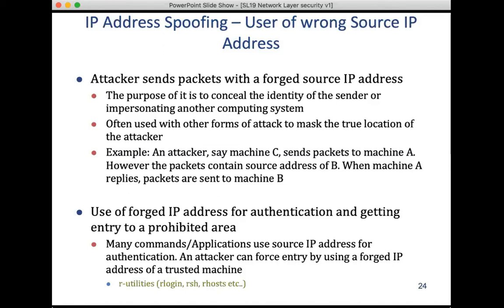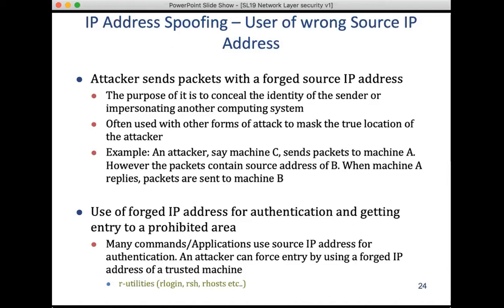For example, machine C sends a packet to machine A. However, it uses a source address of B. When machine A responds, it will respond back to B. And B will not know why he has got the message from A, right? So some kind of mischief can be done by that.